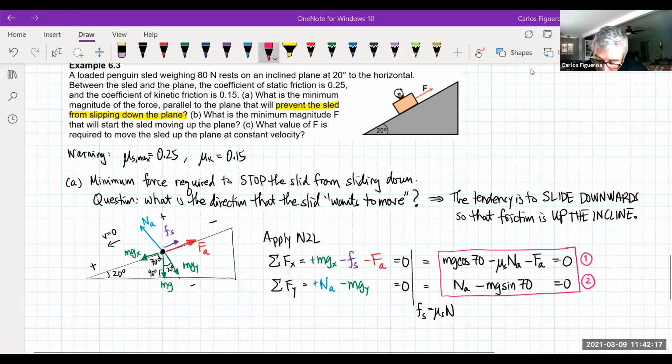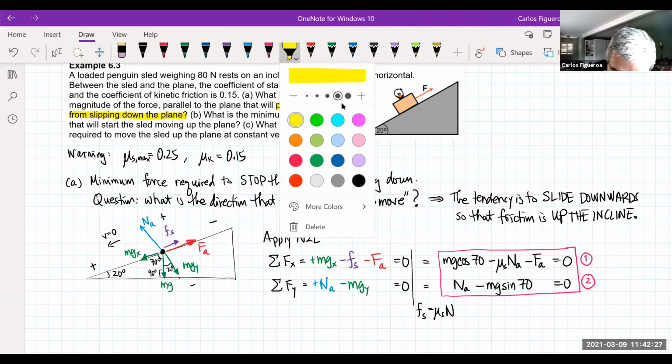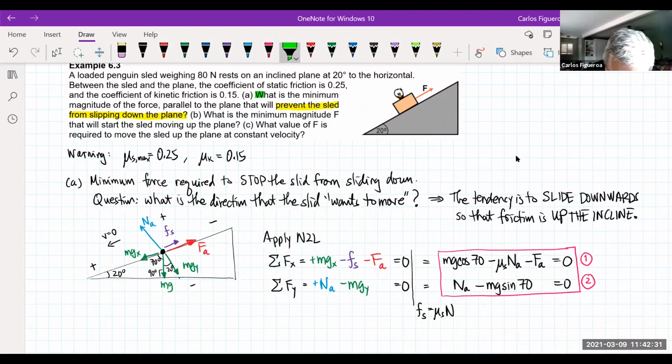Okay. I got the question, what does the force F of A represent? Well, the question that we're asking is: what is the minimum magnitude of the force that you have to apply to stop the box from sliding down?